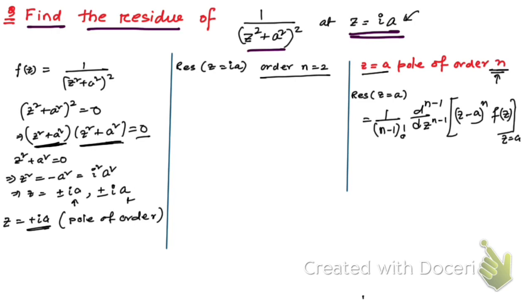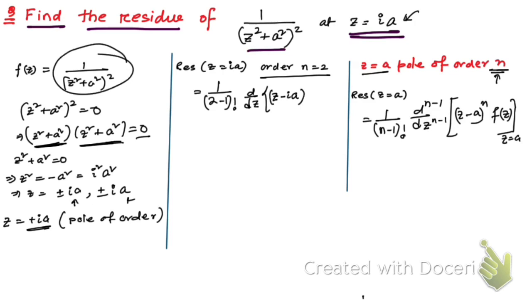So what is going to be the residue? That's going to be equal to 1 by 2 minus 1 factorial. Since this is second order, we have to use the first order derivative. Then z minus ia, and f of z.